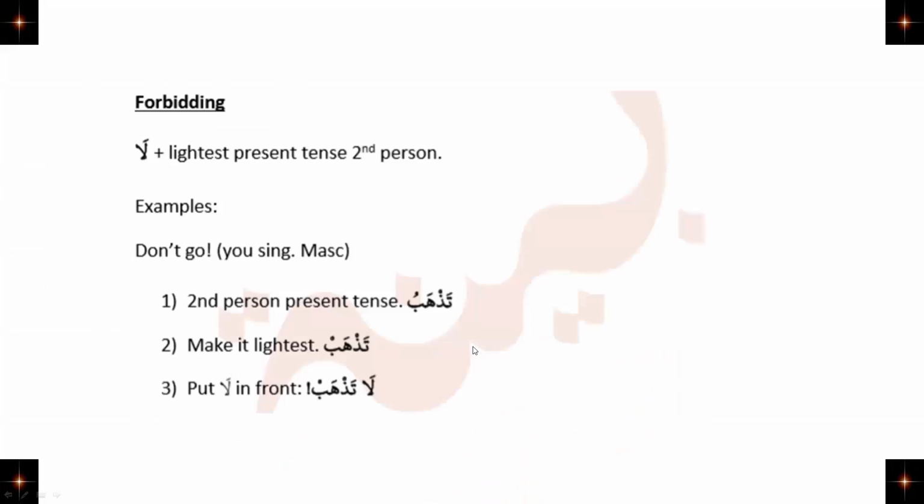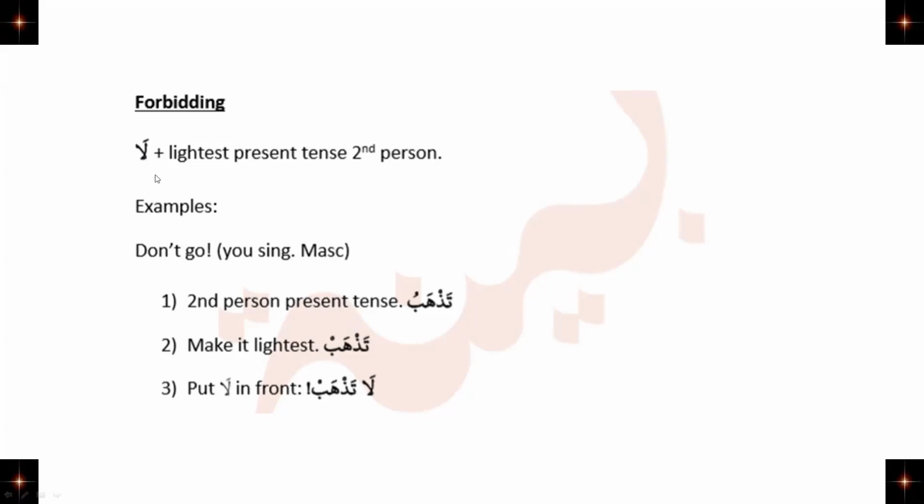Now let's go to the first one, forbidding, nahi. This is how it is constructed. And you know we are told that it is easier, right? And this is how easy it is, okay? What you do is you bring your la, because you are going to forbid, okay? La plus lightest present tense. You remember the word lightest means majzoom. Majzoom means having a sukoon at the end or dropping of the noon, as the case may be.